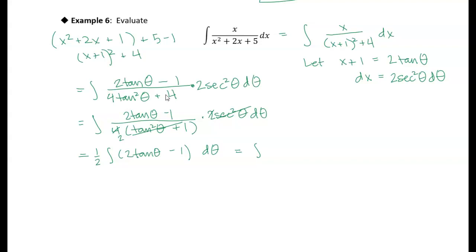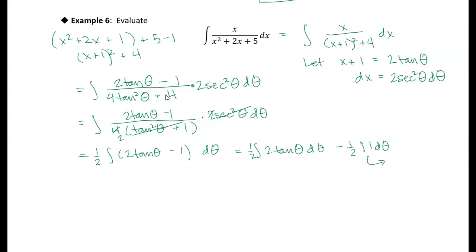So that becomes 1/2 integral of 2 tangent theta d theta, and then minus 1/2, so I'm just distributing the 1/2, integral of 1 d theta. Okay, so this one's easy.